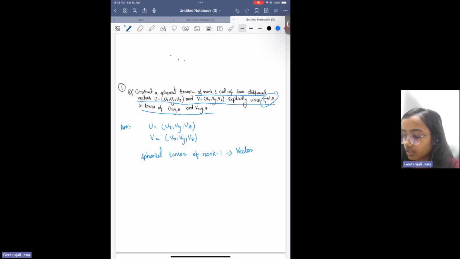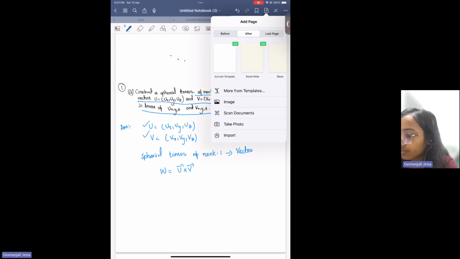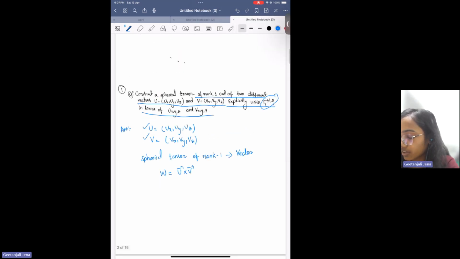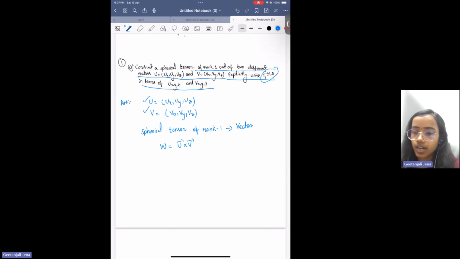How can you construct a vector out of the two given vectors u and v? We can take the cross product of these two vectors, w equal to u cross v. This cross product will give you a vector w, which is a spherical tensor of rank 1.